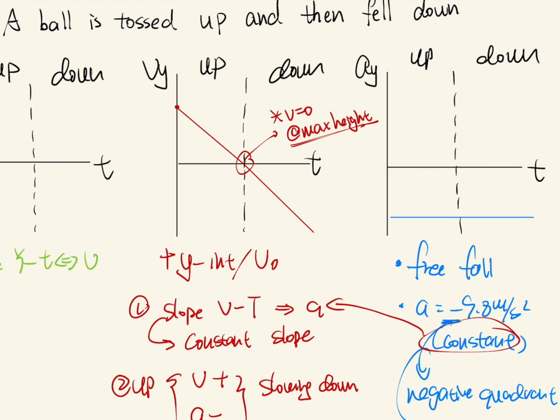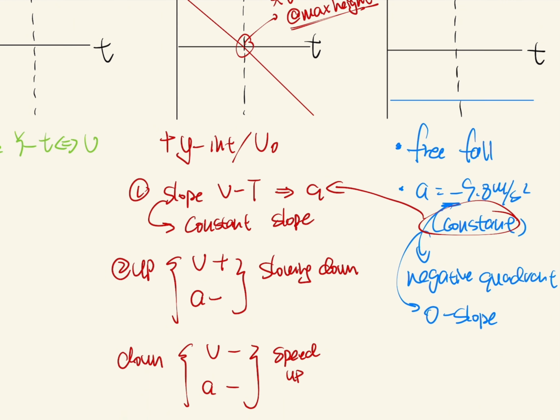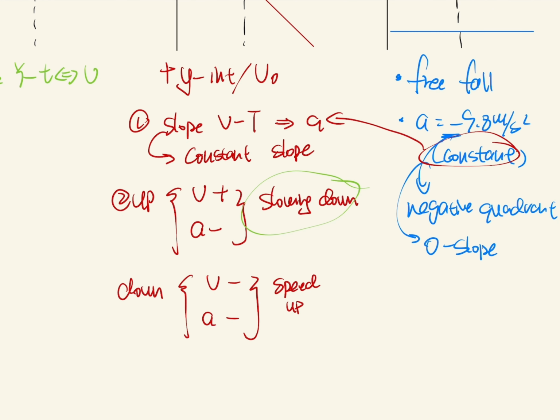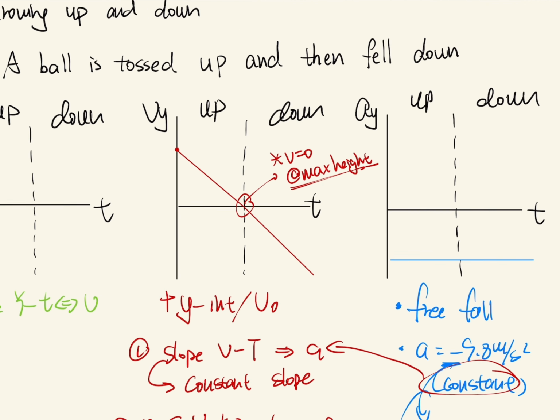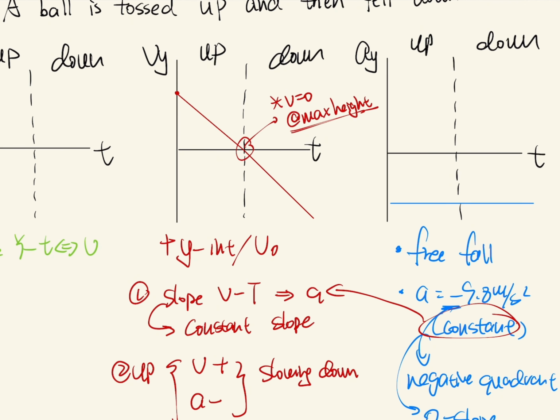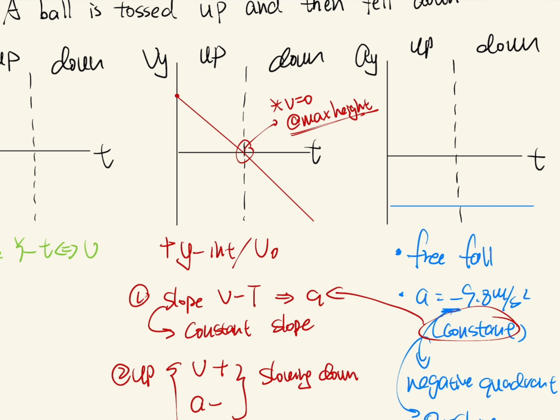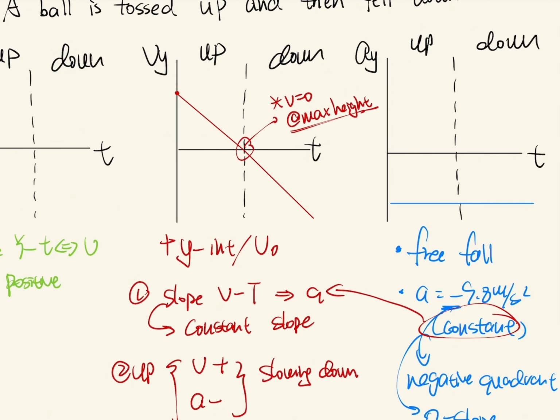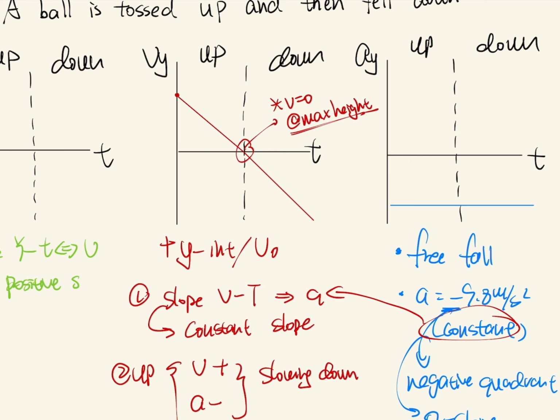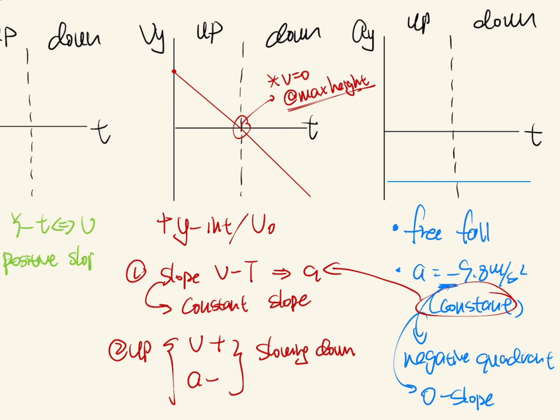However, we also know that from here, it's slowing down. So when it's going up, we have a positive slope, but the slope is decreasing since the velocity is decreasing.